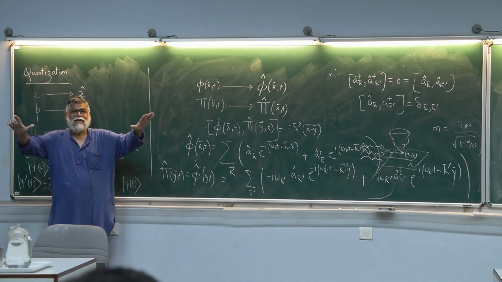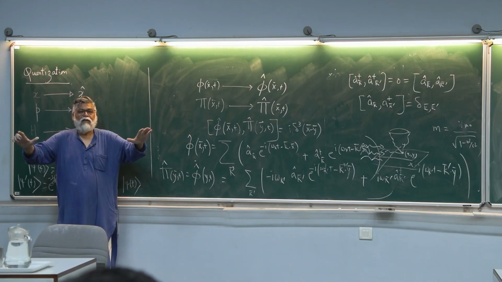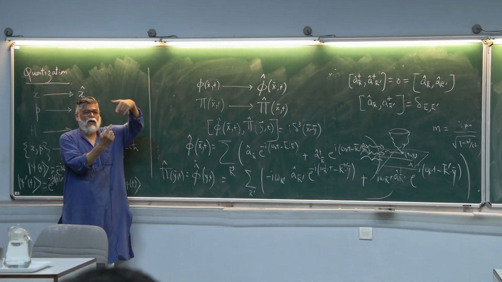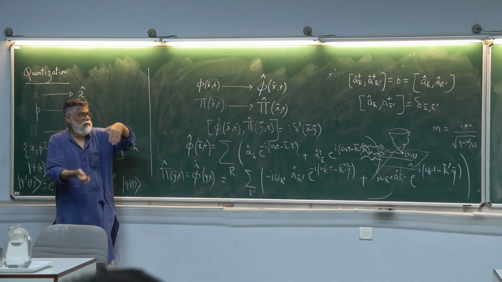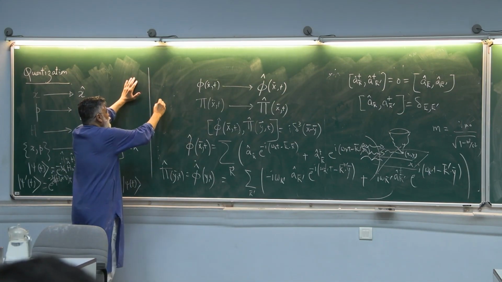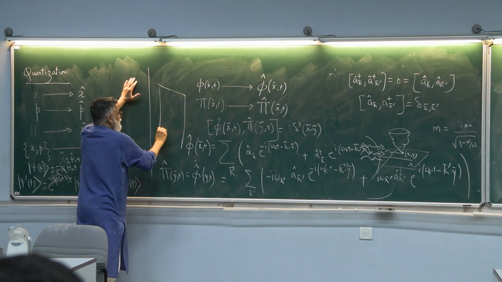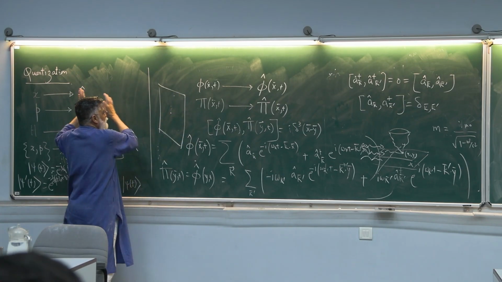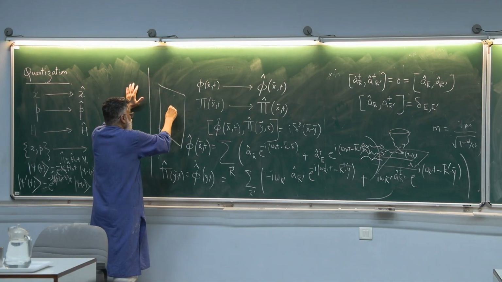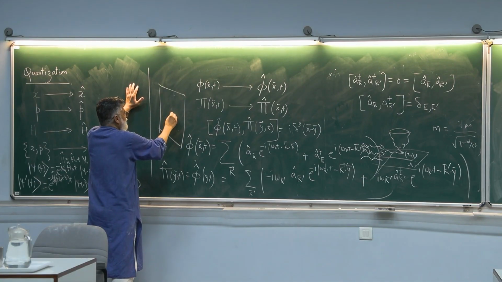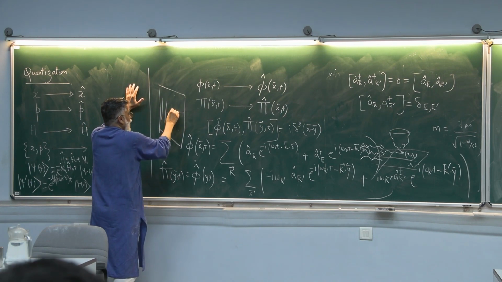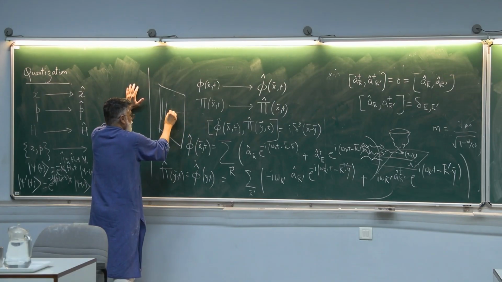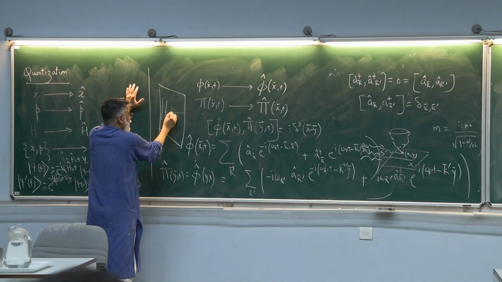The postulates of quantum mechanics ensure this, whether you take Heisenberg's microscope or a board with a narrow slit. A narrow slit is the same thing. You may say that I will not use the Heisenberg microscope, I pass particles through a tiny slit. So you have particles coming in, and if the shutter opens for a small time, t plus delta t, and I find the particle here, it must have passed through this tiny point, and therefore I know its position.